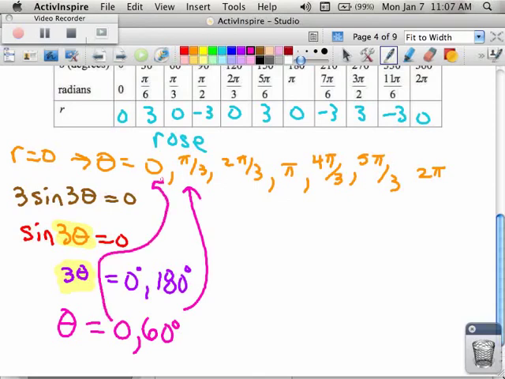But notice all the other things that are going on. Why is that going on? The 3 in front of my theta means that I'm going 3 times as fast. So normally, if my period is 360 degrees, and I'm going 3 times as fast, what's my period now?